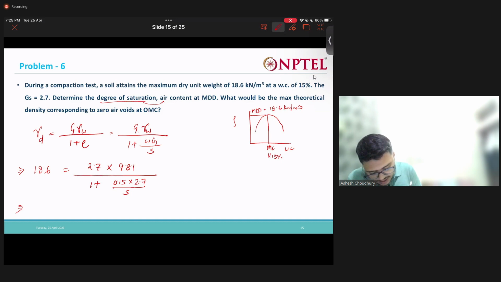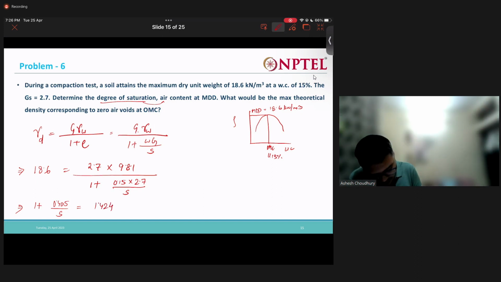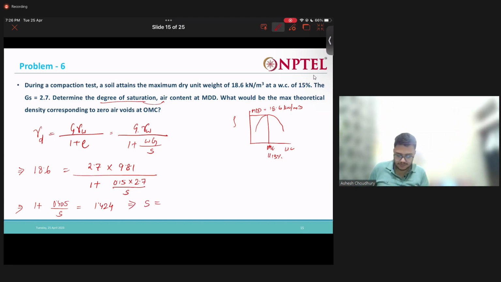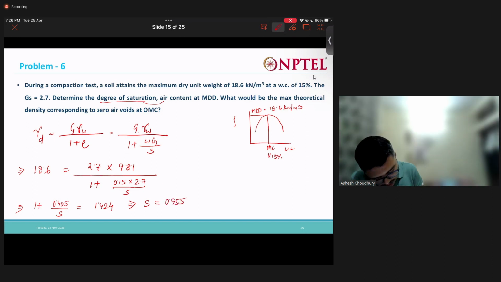From here you need to find out the value of S. It comes to 0.955, or 95.5%.